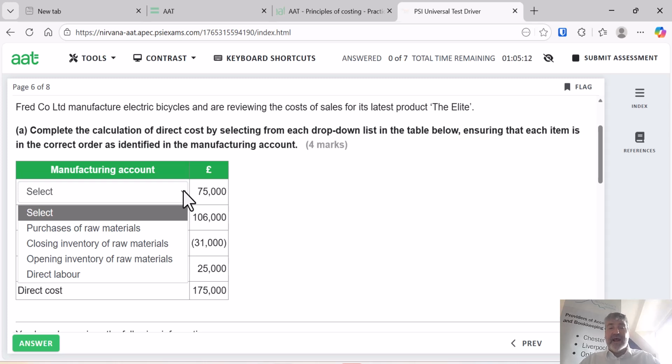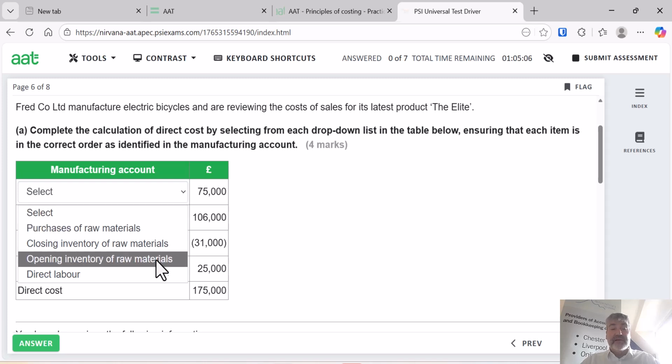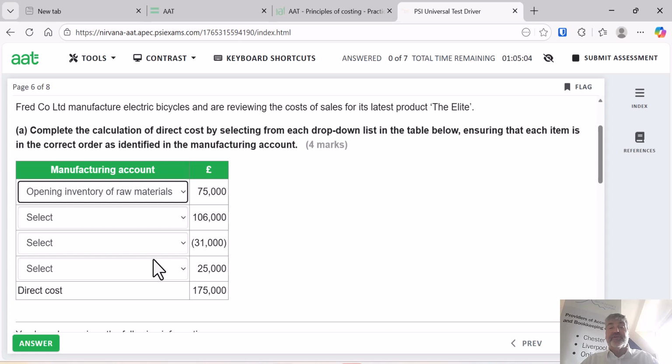Looking at our table of numbers here, the £75,000 will relate to the opening inventory value of raw material. That £75,000 worth of material is available for us to use in the manufacturing process in the period.